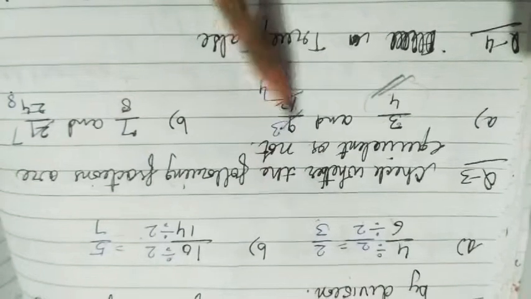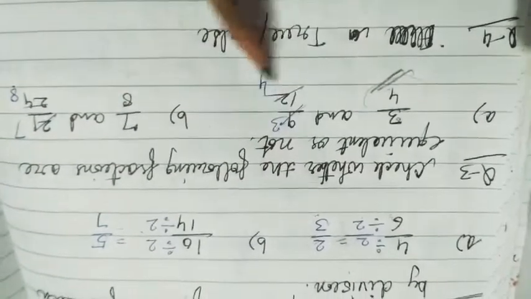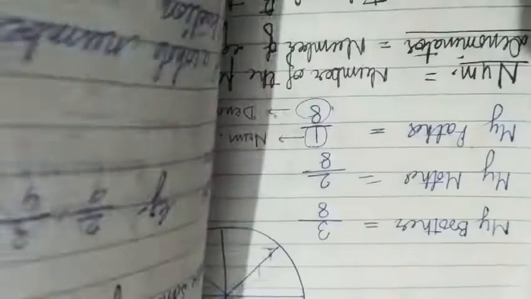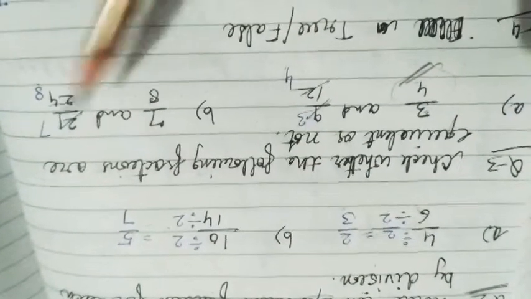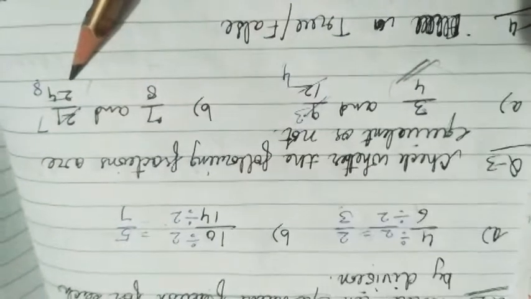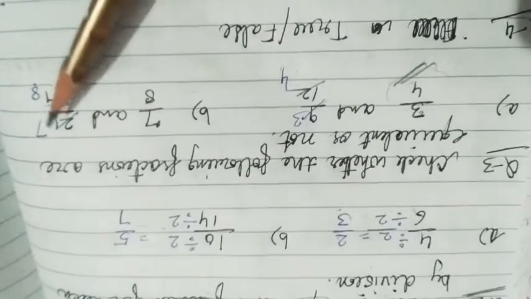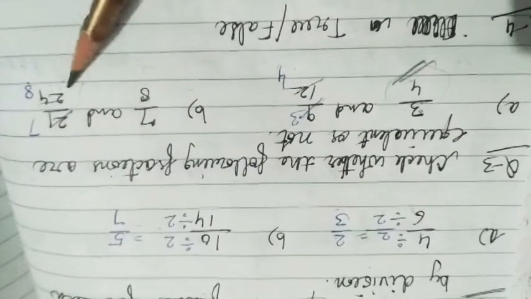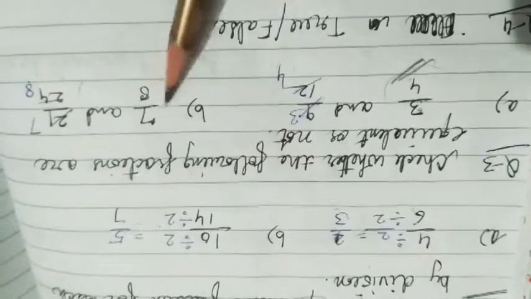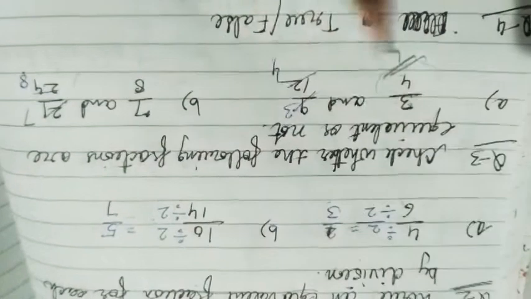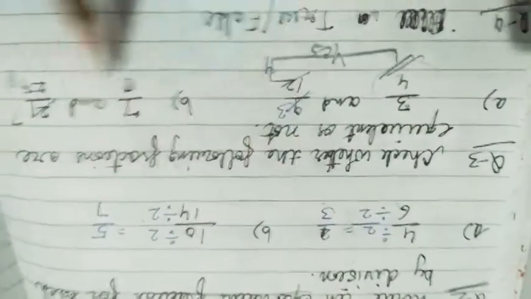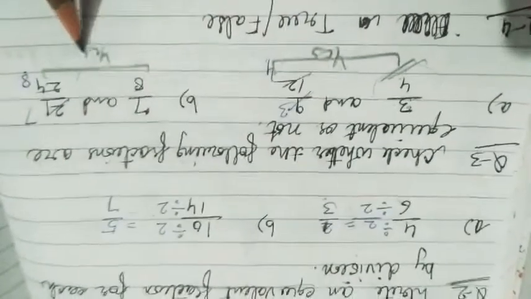So we are cutting on the 3 table. 3 3s are 9, 3 4s are 12. Same here. 7 by 8 is your lowest already. So 21 by 24 you can reduce on the table of 3. 3 7s are 21, 3 8s are 24. So 7 by 8 and 7 by 8 both come out to be 7 by 8. Means these both are also equivalent fractions, yes, and these both are also equivalent fractions, yes.